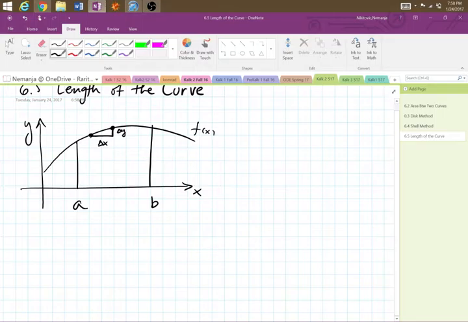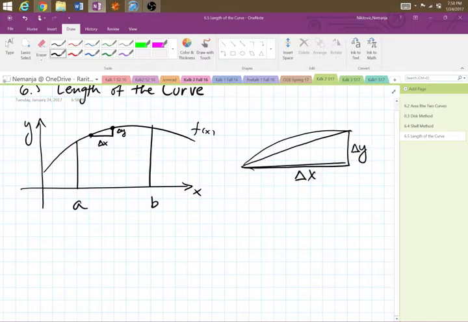Now, if I am to draw this much larger, it will look like this. You will have your delta x, you will have your delta y, and the actual length of the curve would be the arc, where this piece over here is the one that you can compute using the Pythagorean theorem.